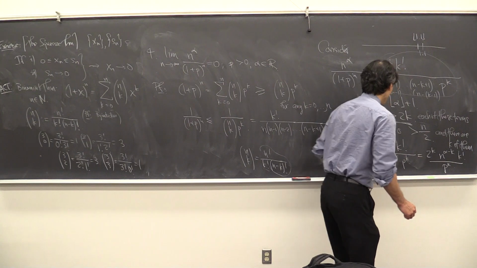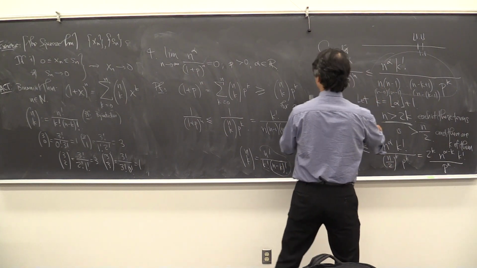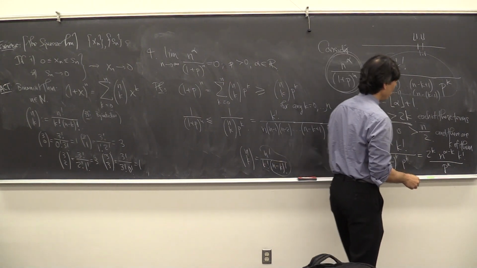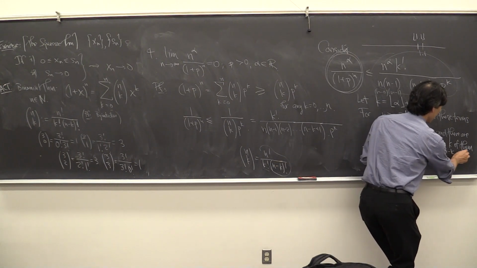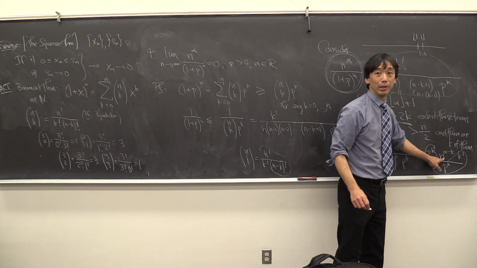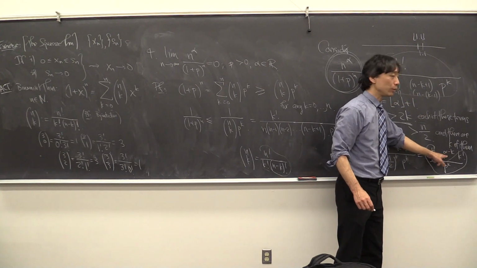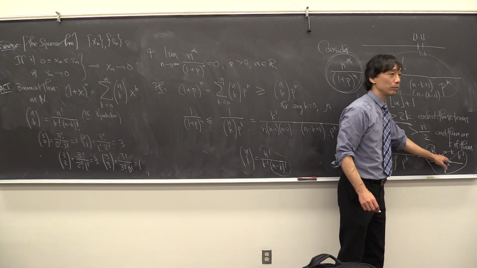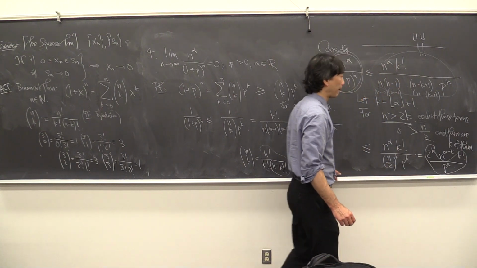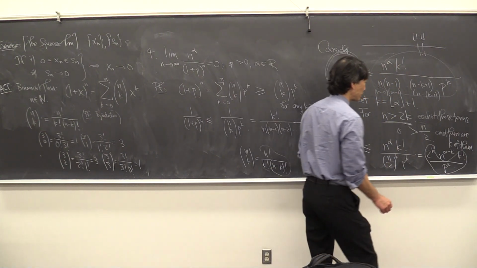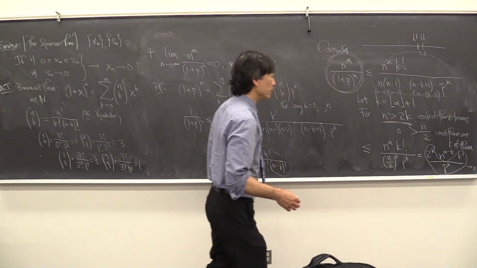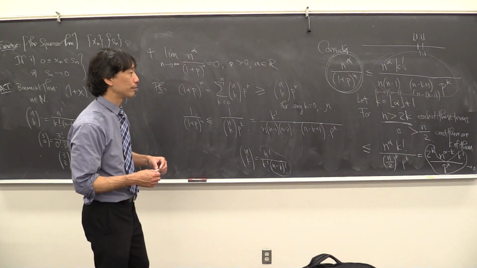So this guy is controlled by some constant times n to a negative power, and when n goes to infinity, that goes to 0. So again, by the squeeze theorem, we get it.